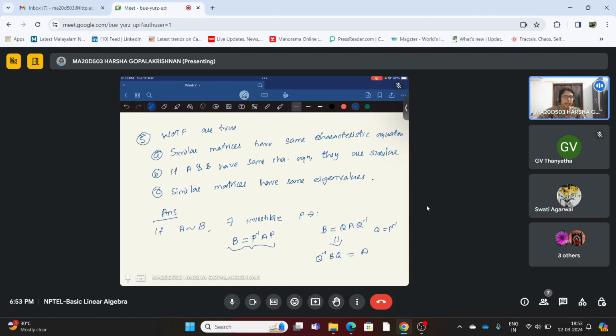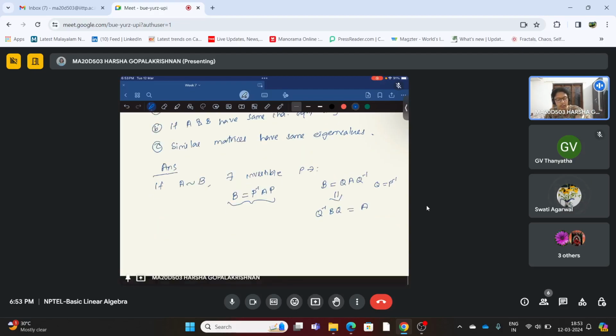When we come to diagonalizability, what we were saying is A equals P inverse DP. What exactly we are saying is that matrix A is similar to a diagonal matrix. Here we are not mentioning any particular diagonal matrix. A and B are any two matrices. If B equals P inverse AP, then they are similar.